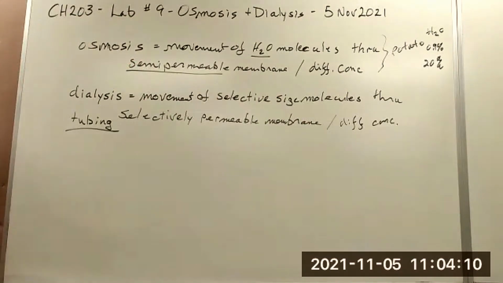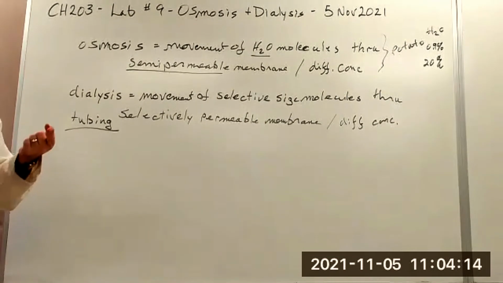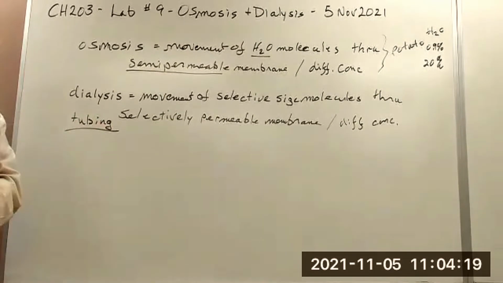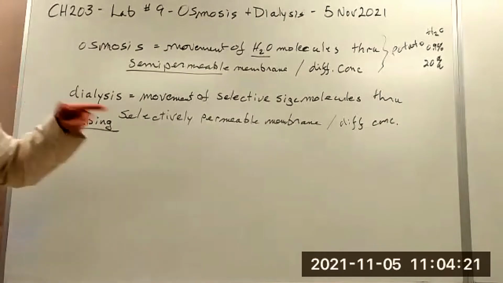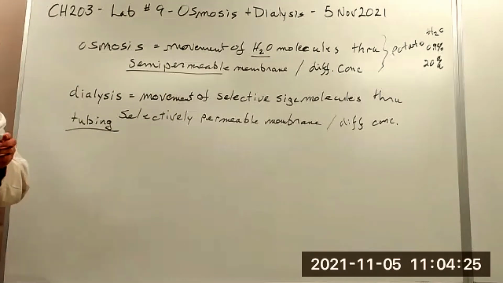Like urea. You've got to get that urea out of your blood because the kidneys normally do that, and some other contaminants. And then they run the blood through there and they give it back to you. And you have to do that, some people 3 times a week, because it builds up so fast.